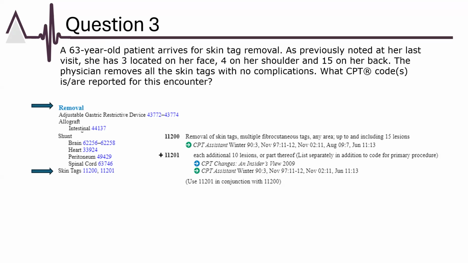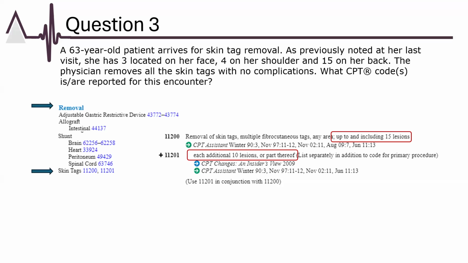Code 11200 is reported for the removal of up to and including 15 lesions. Notice the wording for 11201, which includes each additional 10 lesions or part thereof. The words part thereof in this code description mean you do not need to have a complete total of 10 skin tags to report the add-on code.